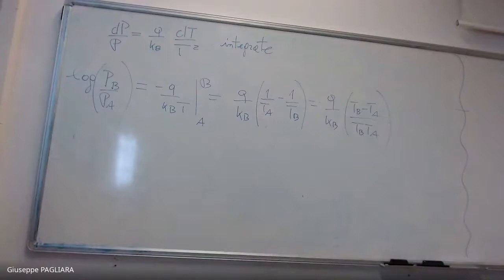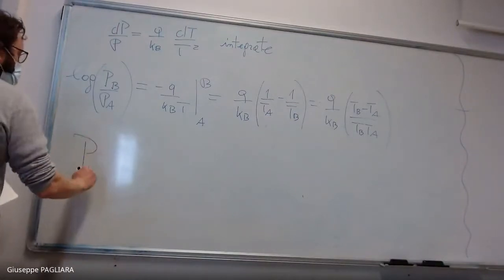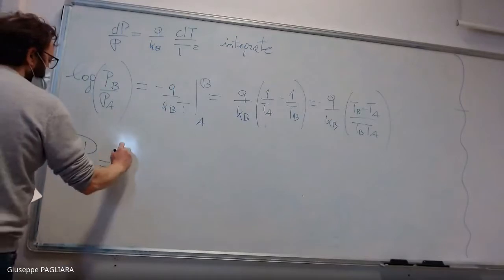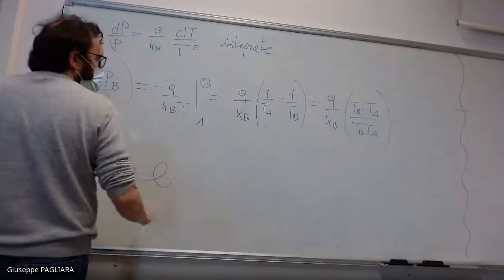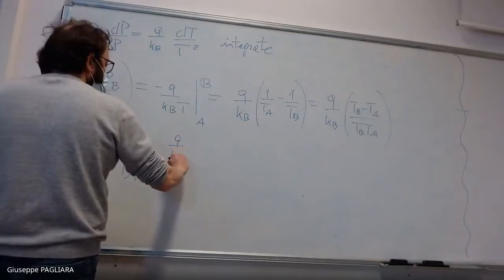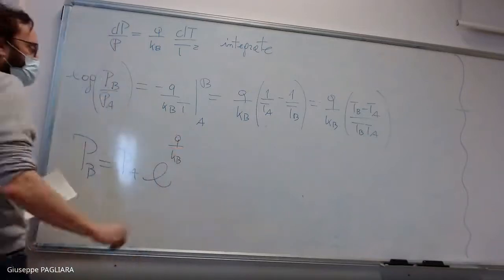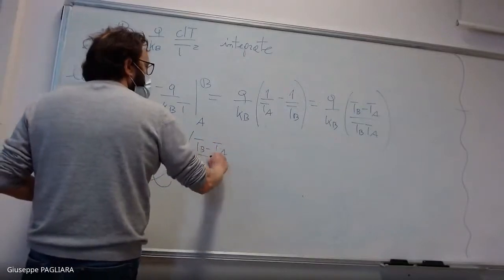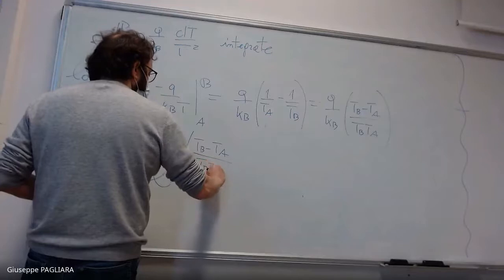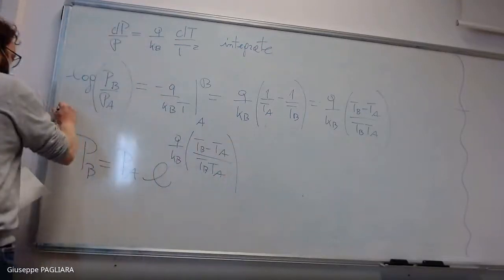Q by kB, va bene, correct. And finally we get the following result, that PB is equal to PA times the exponential of Q divided by kB times (TB minus TA) divided by TA TB.